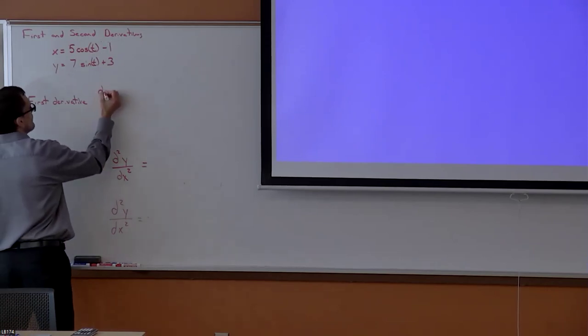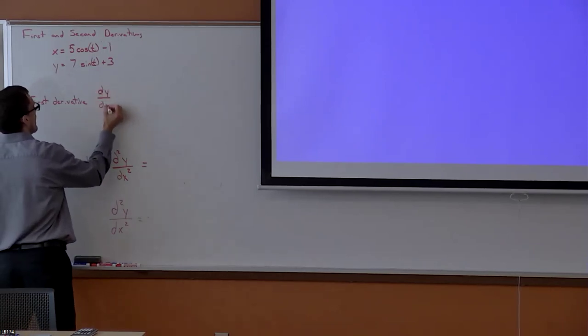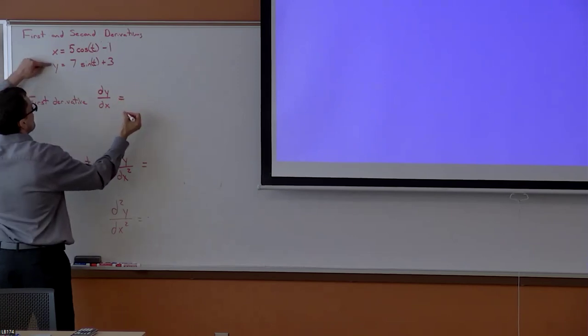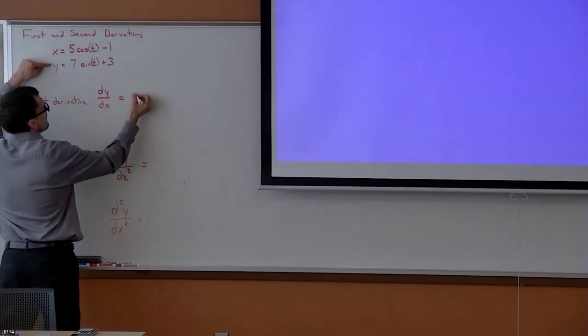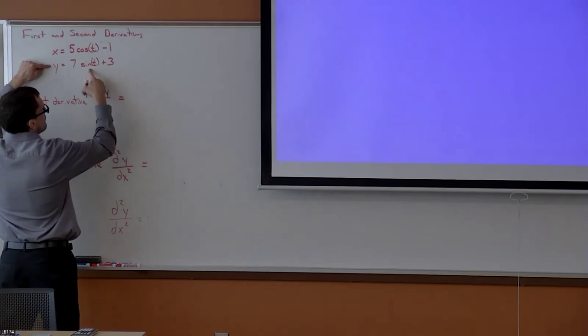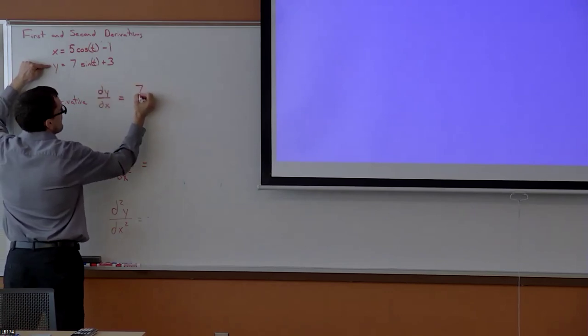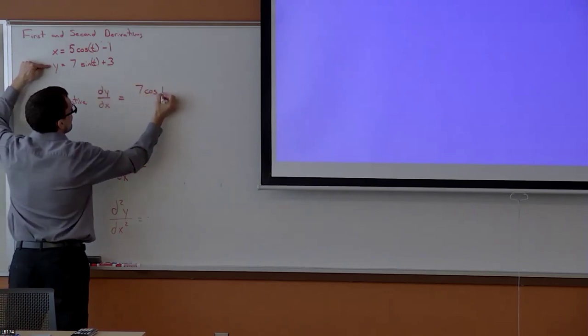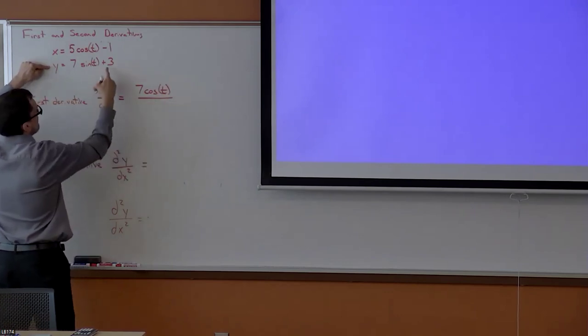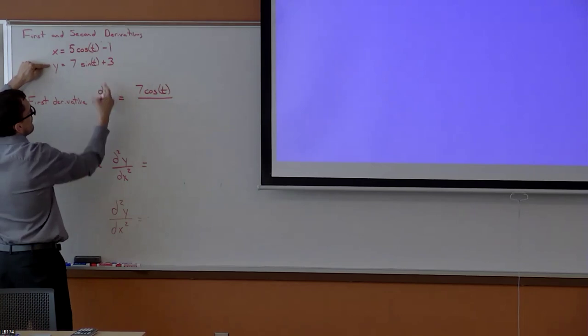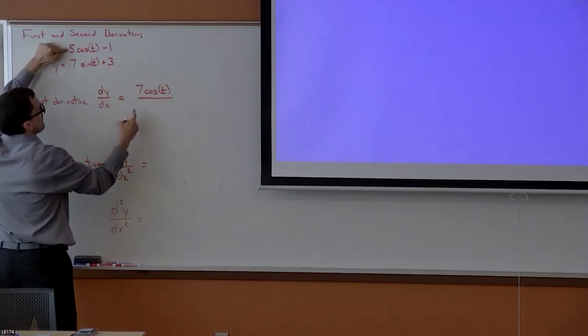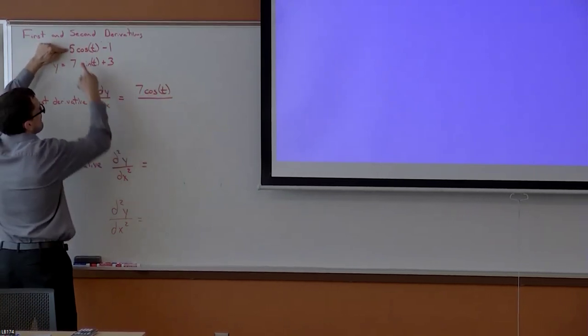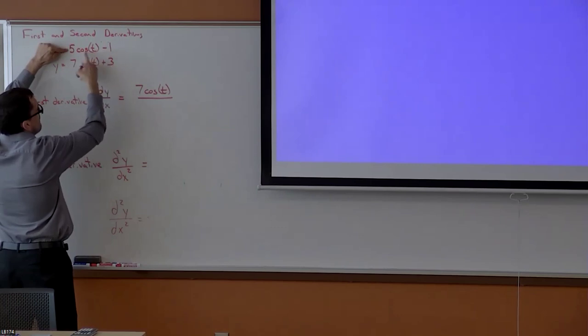First derivative, take a derivative of y with respect to t. Derivative of sine is cosine, so we get 7 times cosine of t plus 0, because the derivative of a constant is 0. On the bottom, we'd be taking the derivative of 5 cosine t minus 1.